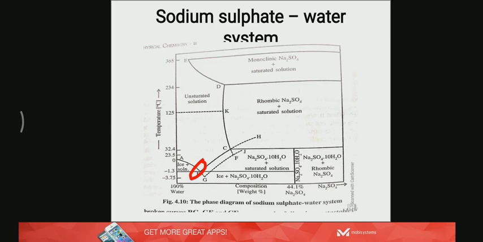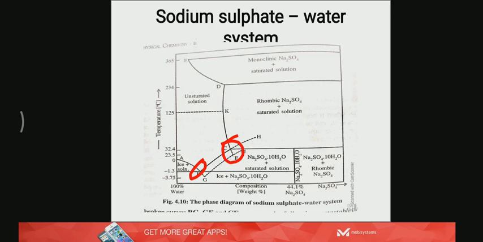Then next is point C. This point C is very important because it is a peritectic point where Na2SO4 10H2O incongruently melts into Na2SO4 7H2O and solution. So that's a peritectic point.